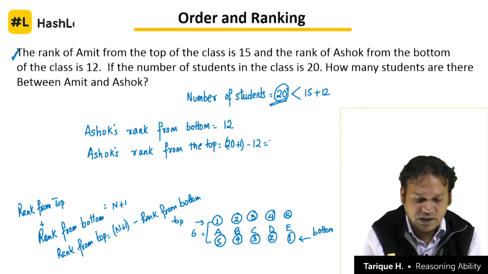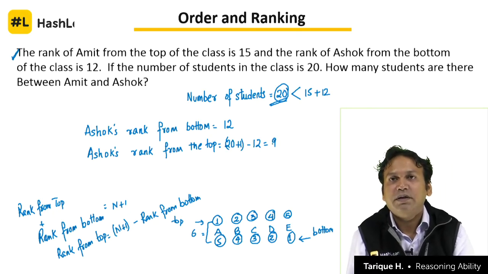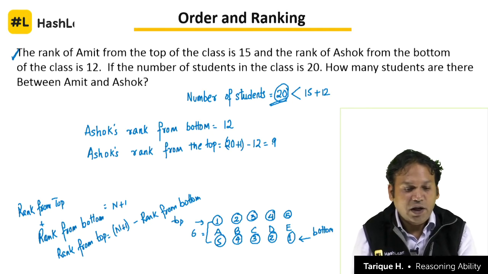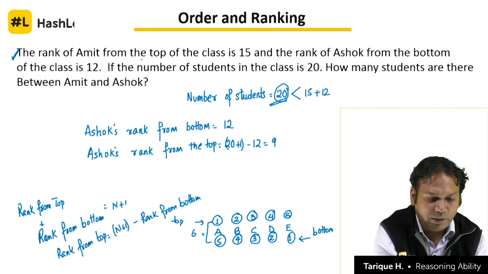21 minus 12 is equal to how much? 9, right. So, what is Ashok's rank from top? 9, and Ashok's rank from bottom is 12. Now, we know Amit's rank from top.